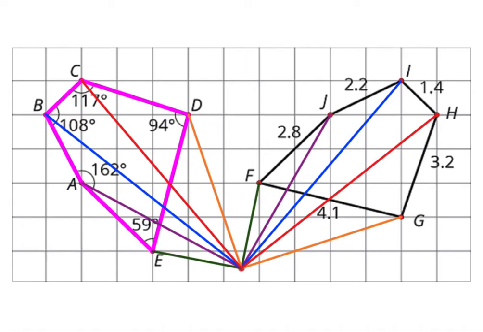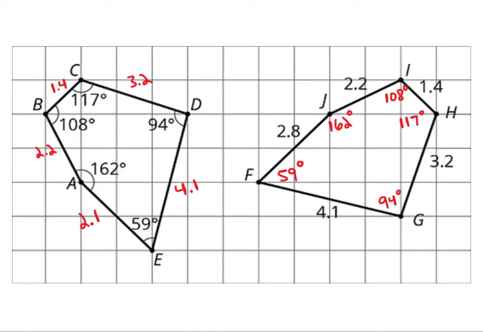So here it is. The answer is shown to you. So 59, 162, 108, 117, and 94 degrees. And then 2 1/10, that is right. Where is the 2 1/10? 4 1/10.